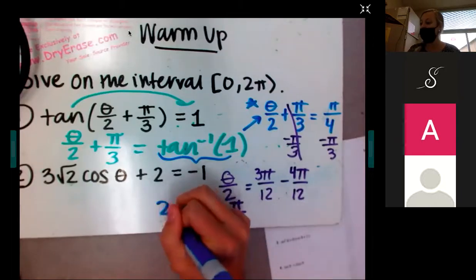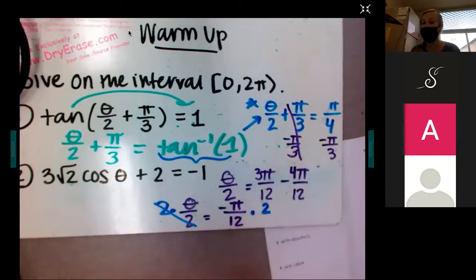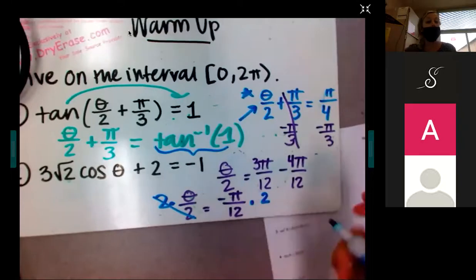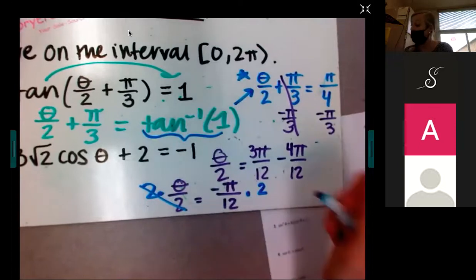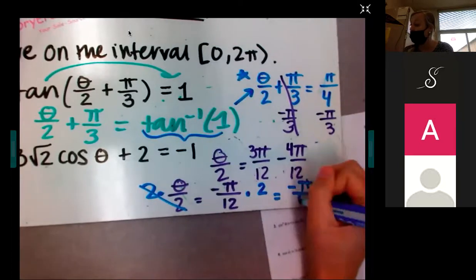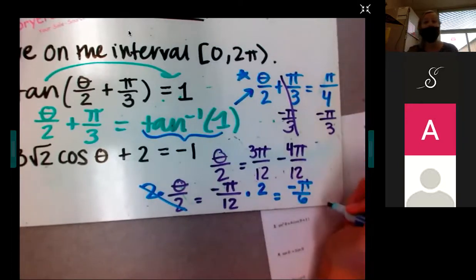Times 2 to both sides, right? Okay, everybody look at this. What's going to happen here with the negative pi over 12 times 2? Negative 2 pi over 12, which reduces to, good, negative pi over 6. That is the solution we got from our equation. Is everybody okay with that part?